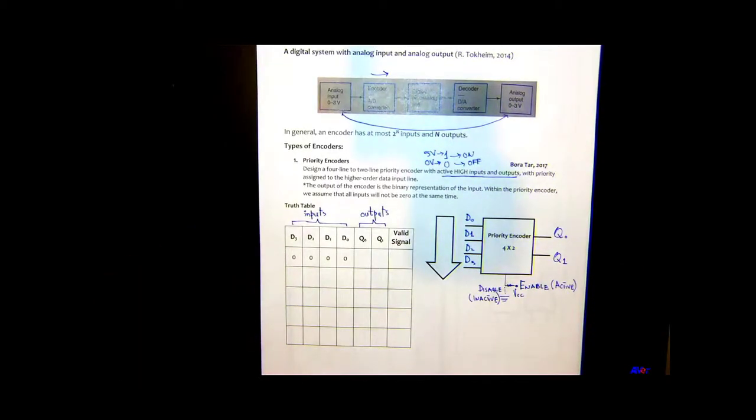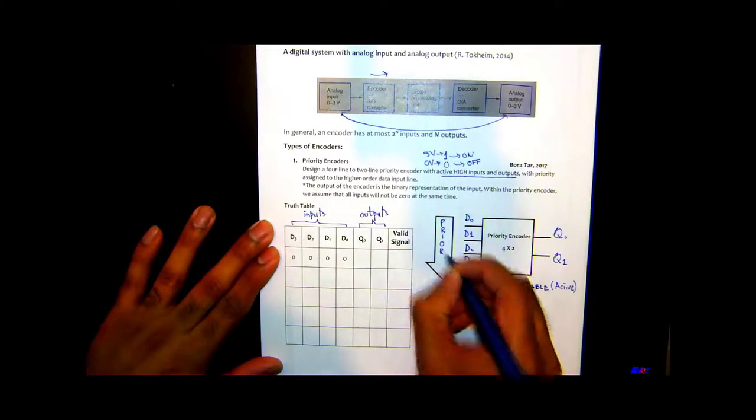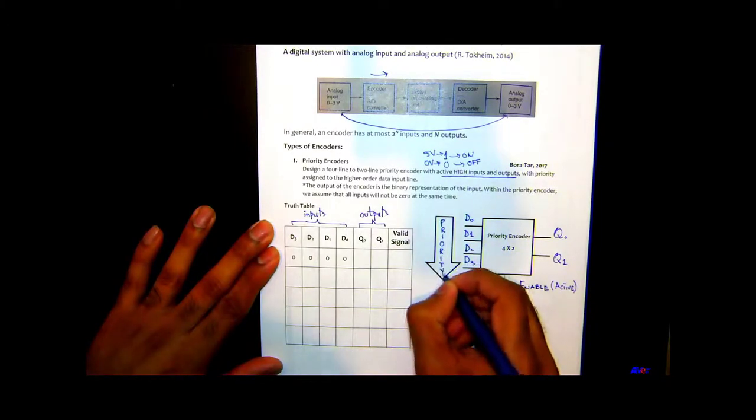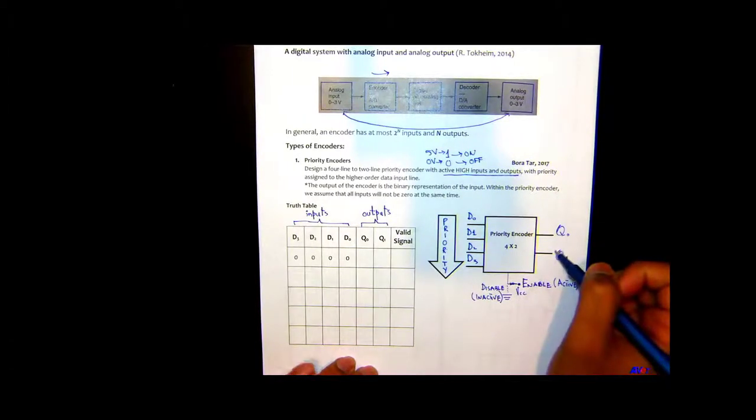Okay, and we want to set the priority such that D3 has the highest priority here, and then D2, and then D1 and D0. What it means, if D0 and D3 are both high at the same time, what should be the output here?